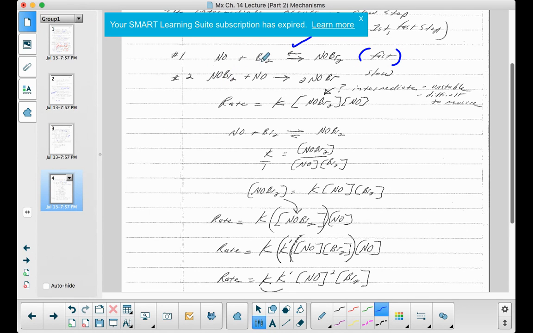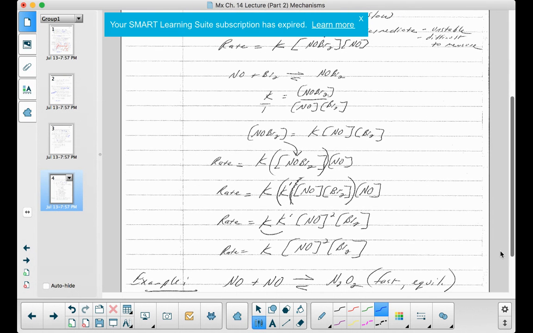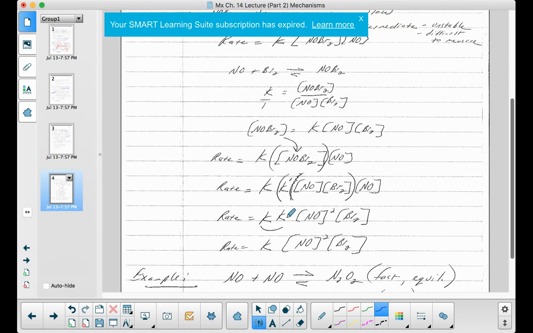And since it doesn't hang around very long, I redefined it as this from here, and then I plug in the other reactant in that slow step, which is the NO. And so now I have an expression for the rate. There's really two ks, but two constants really end up being just one constant. And so I have NO raised to the second power times Br2.